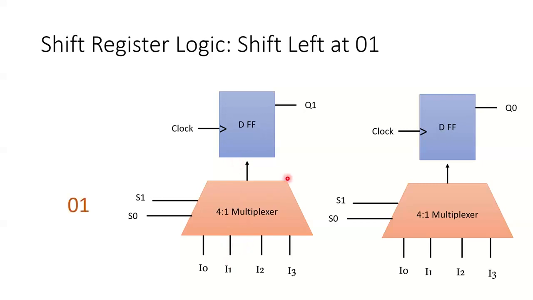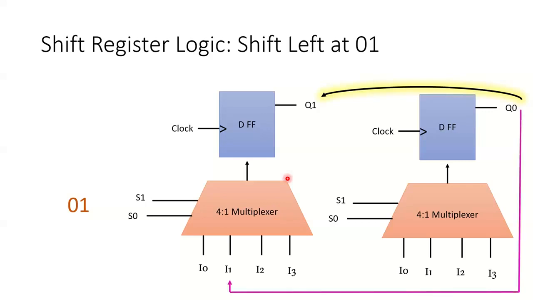So if I assign 0, 1 to my select lines, my Q0 should appear on Q1. That's why I'm going to connect the Q0 to my input line 1. So what will happen is, if I give 0, 1 to my select lines, the data will flow from in1 to the output of the multiplexer and into the D flip-flop, and in the next clock, whatever was on Q0 will appear at Q1, and that is actually a shift left operation, right?